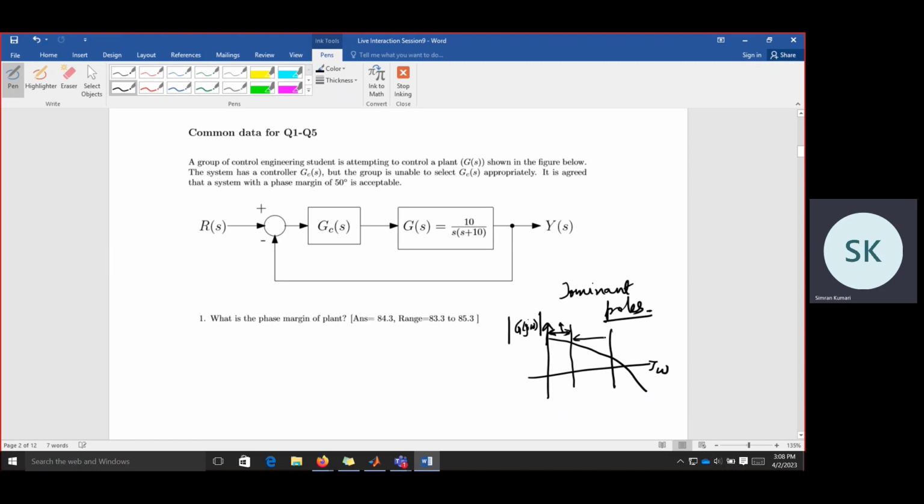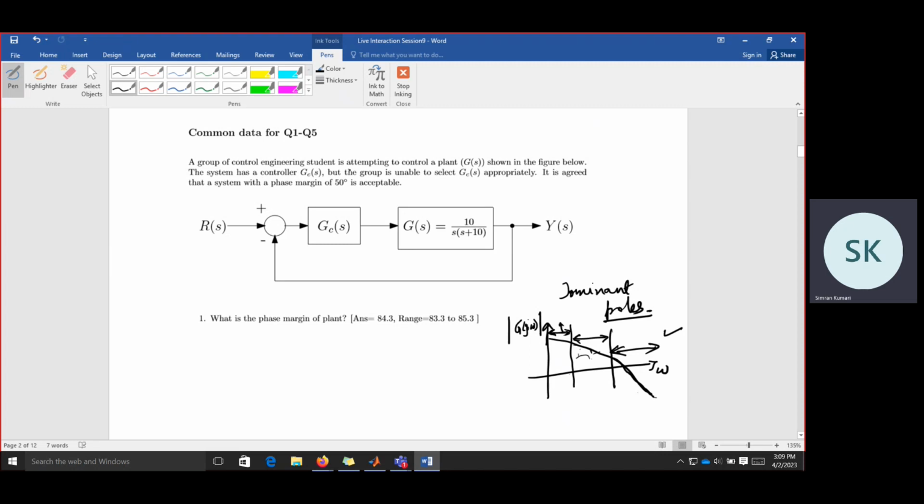The transient behavior of the system depends on the Bode plot in the second region. And the third is the high frequency region, where the loop gain should be very low so that noise is attenuated, because noise is generally a high frequency signal. Since we have gone through the concept, we'll start solving the question.